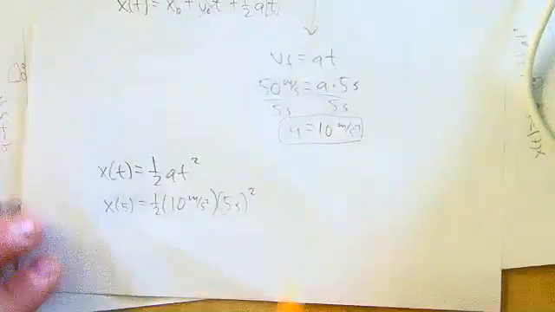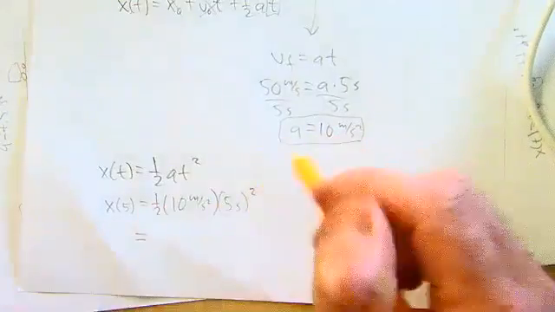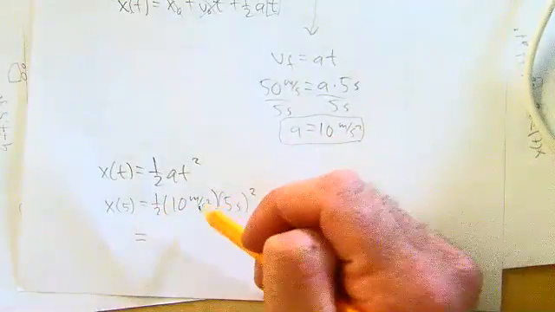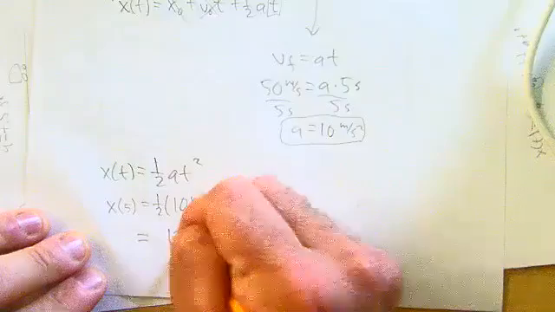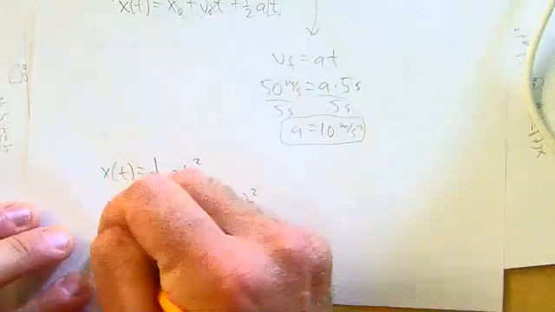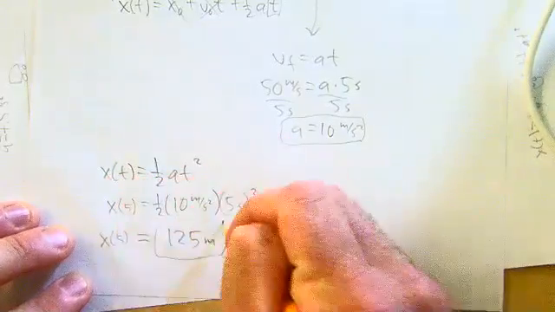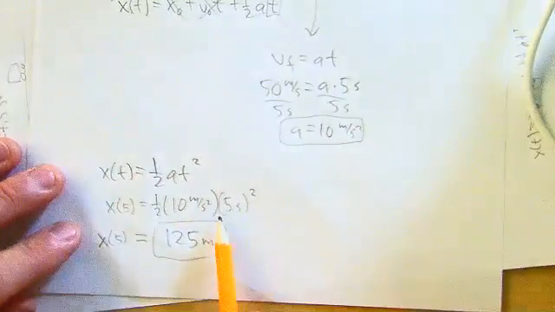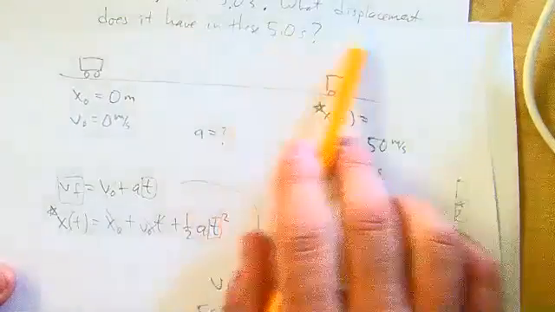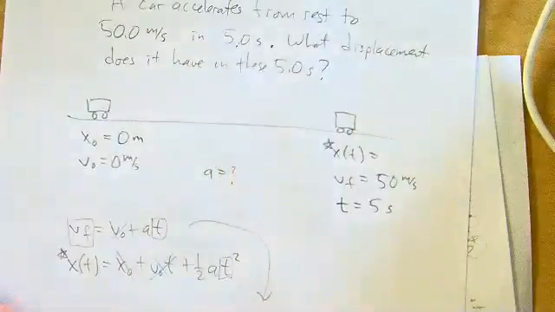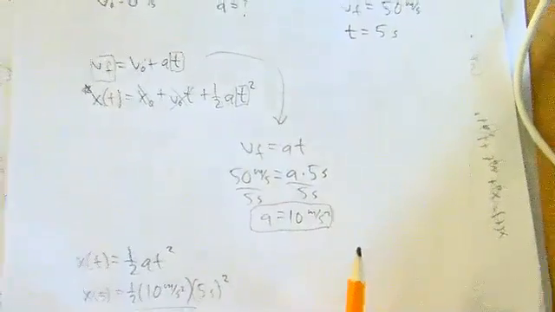Okay. 1/2 times 5 is 5. 5 times 25, it looks like we're getting 125 meters for the position at 5 seconds, which is what we were looking for, right? How far did it go? So at the end, it wound up at 125. What displacement? Okay, that would be 125 meters. Okay, so it's a matter of combining both those equations together.